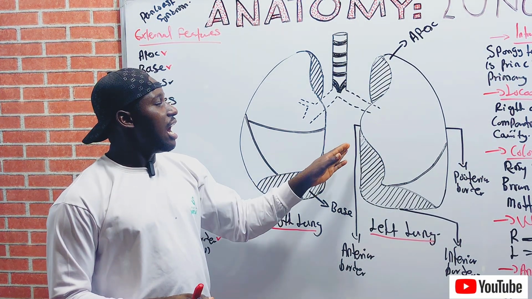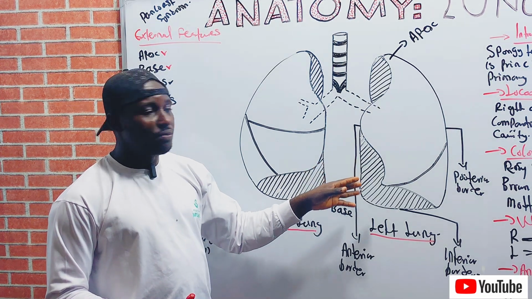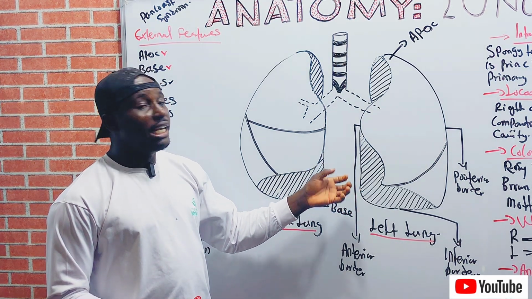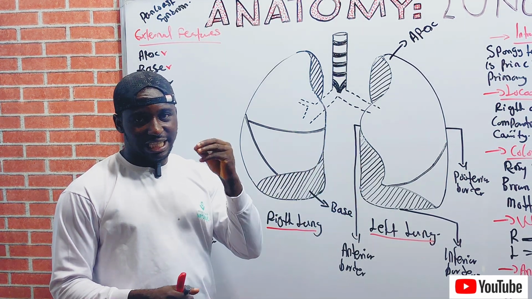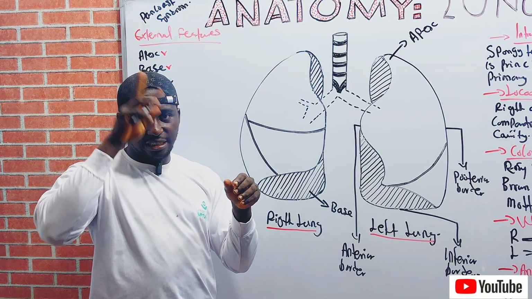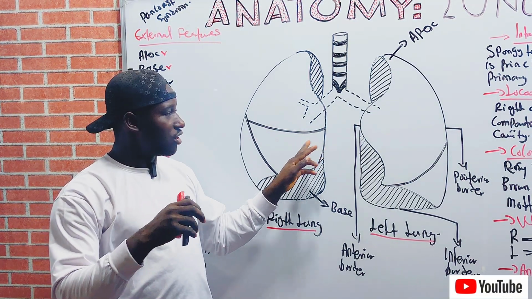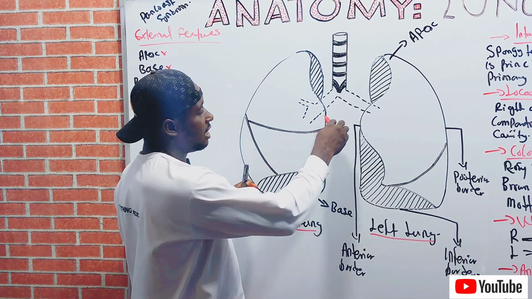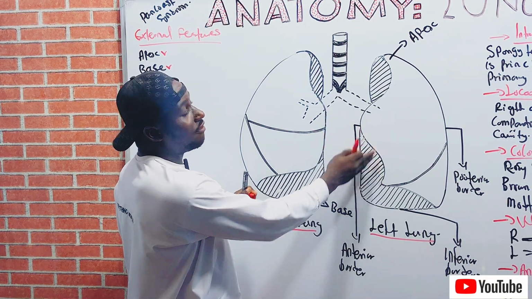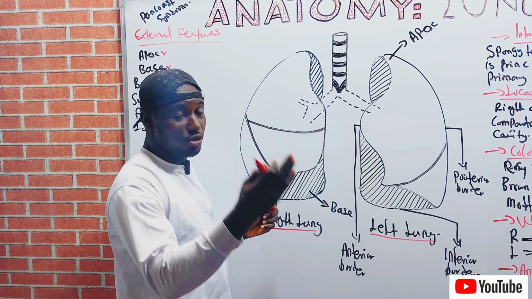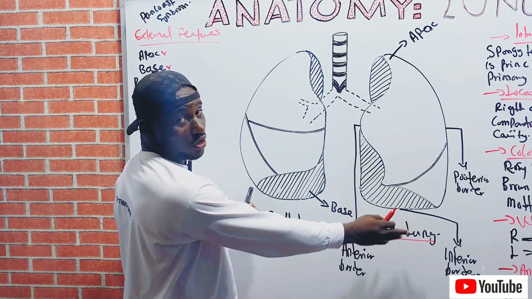Now, the anterior border of the right lung is vertical. You can see it is vertical. The left lung is not vertical.